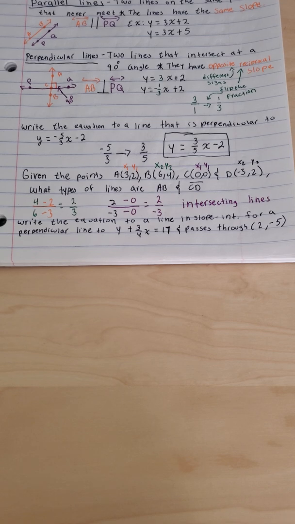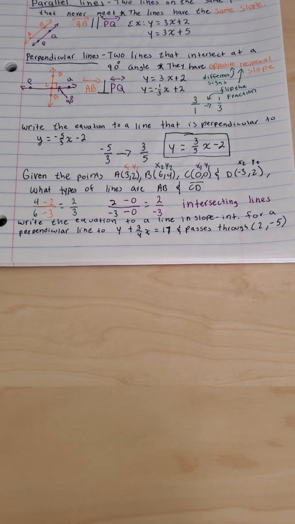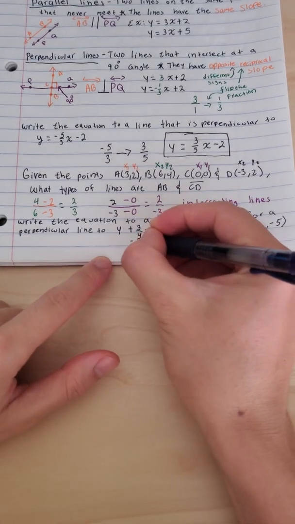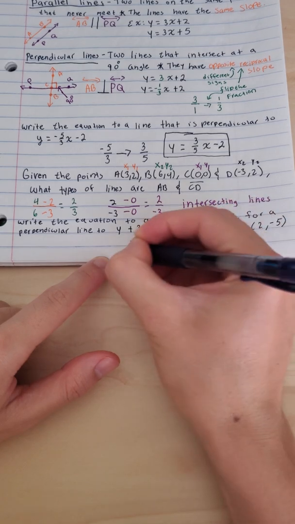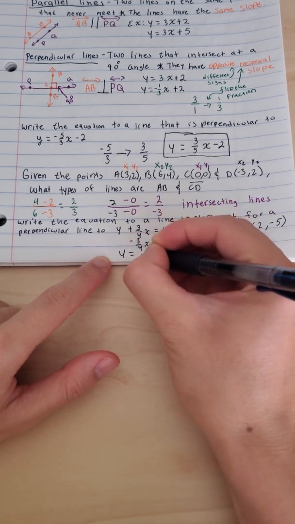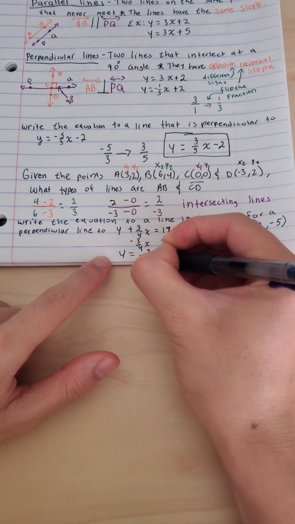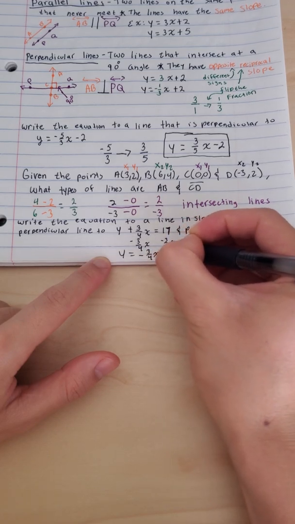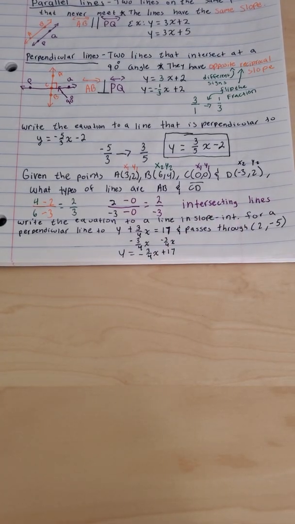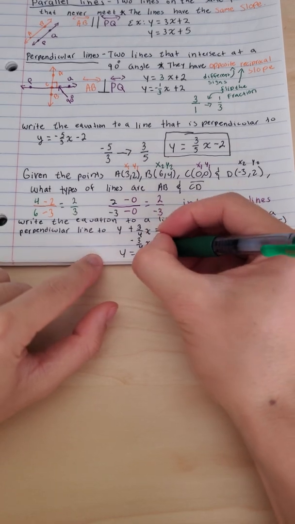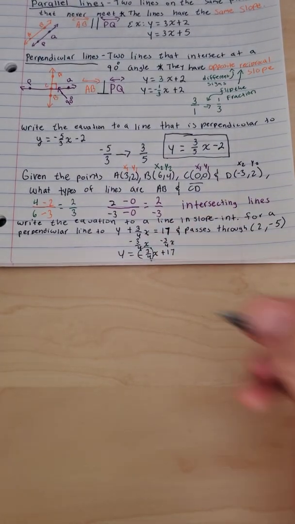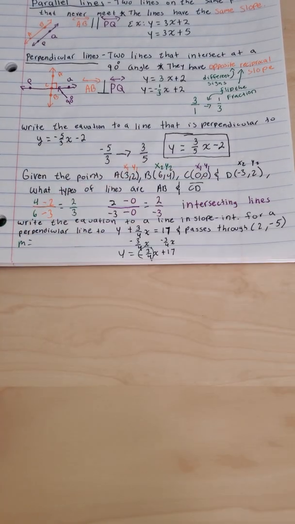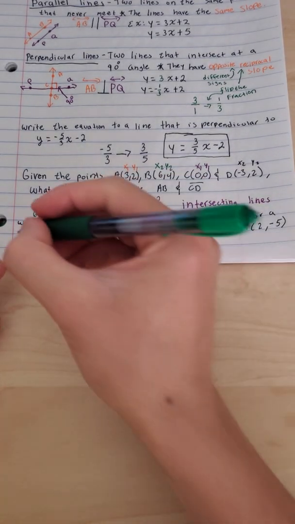First of all, it's not given to us in either point-slope or slope-intercept form, so we have to subtract 3/4 x on both sides to get y equals negative 3/4 x plus 17. Now we have our slope, and we're looking for a perpendicular slope, so we want the opposite reciprocal. We flip that fraction to get 4/3.